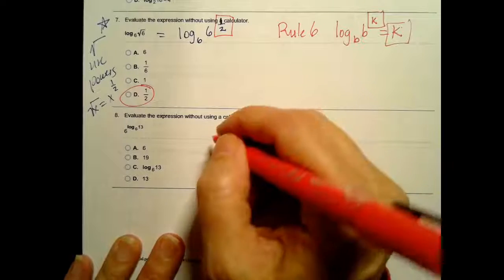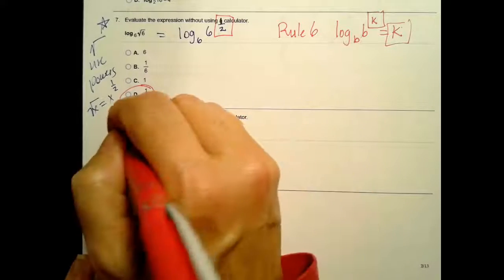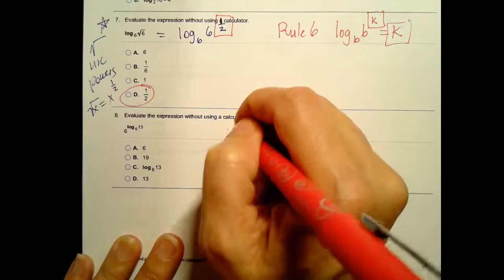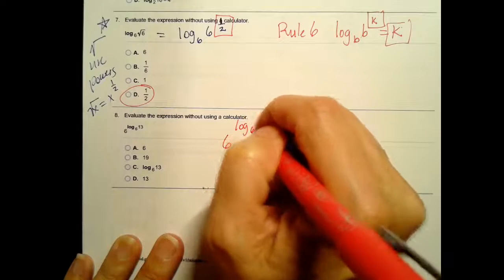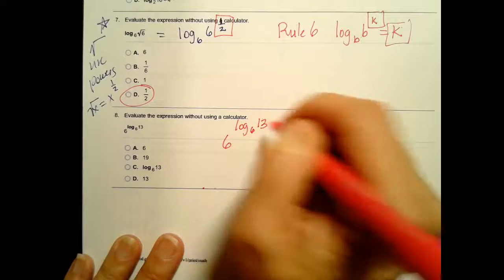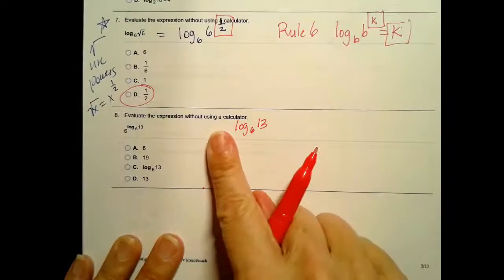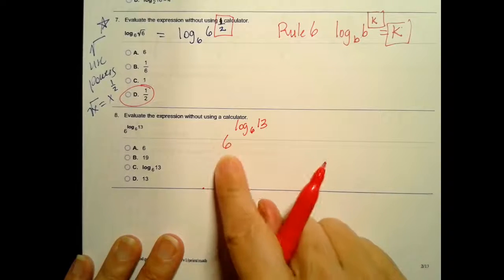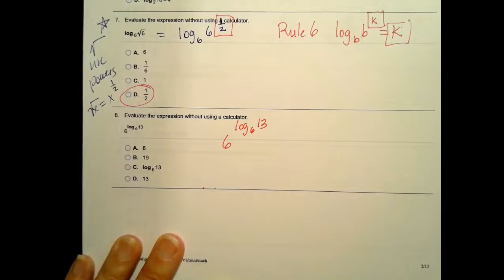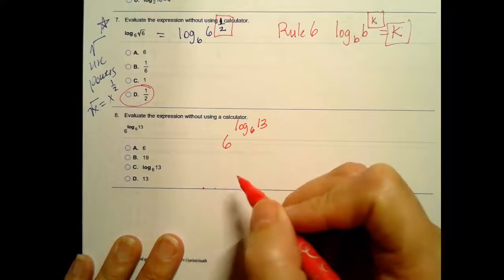Our next one says we have 6 raised to the power of log base 6 of 13. That's just like log base 6 of 13, but it just so happens to be the power of 6.